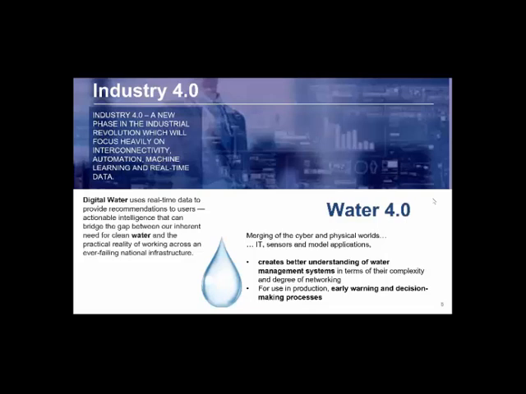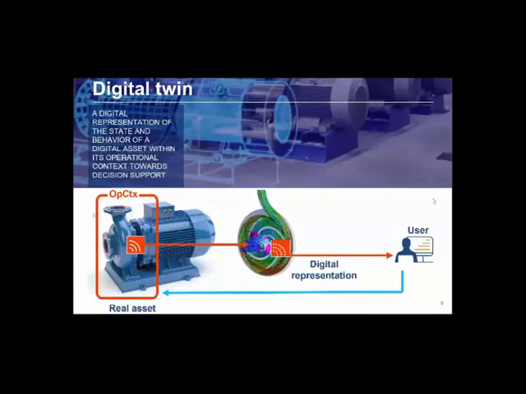Specifically, we aim to apply this towards real-time data and algorithms to enable early warning and decision-making processes pertaining to water asset management. A very important concept in Industry 4.0 is that of a digital twin.